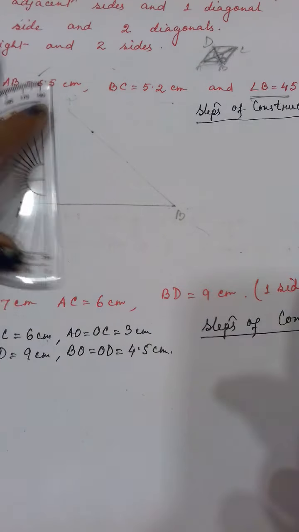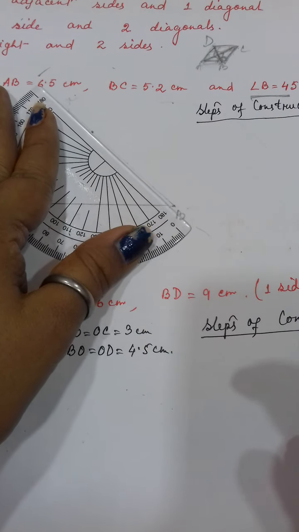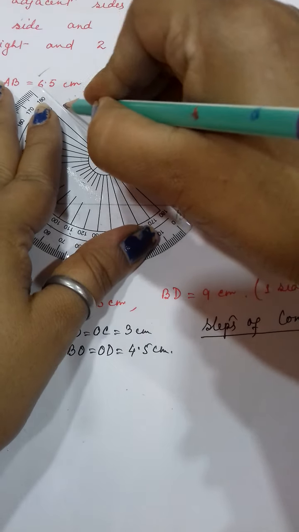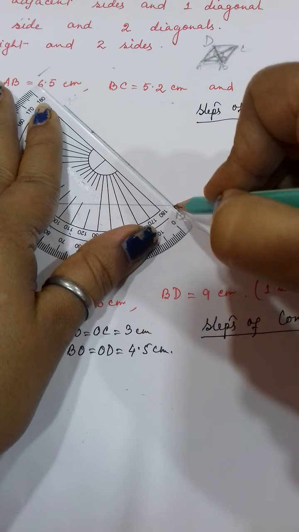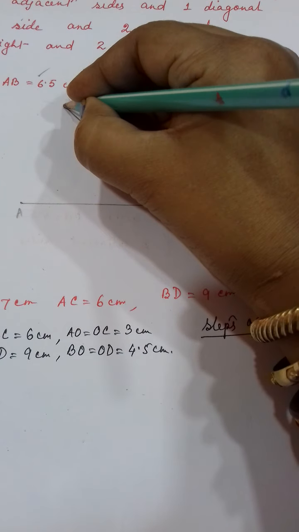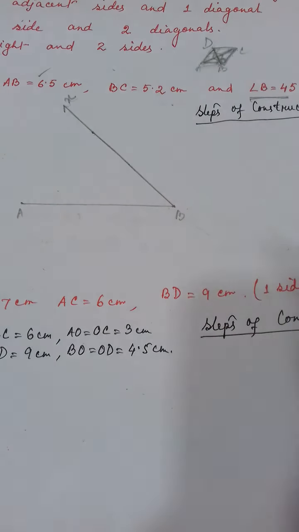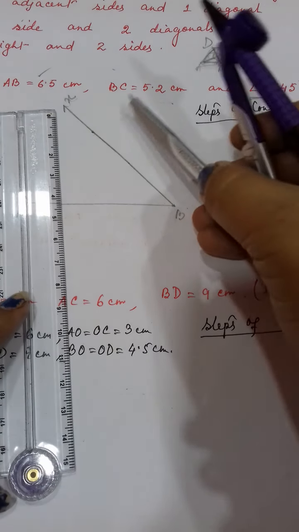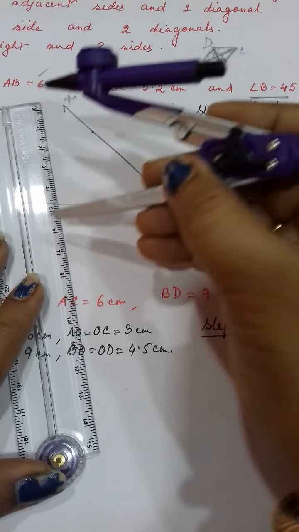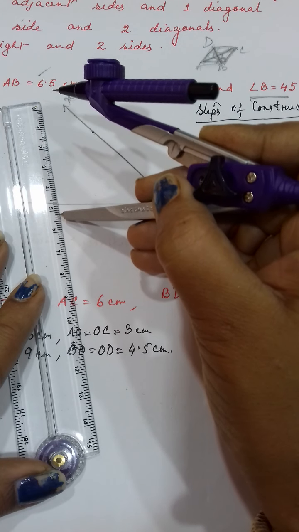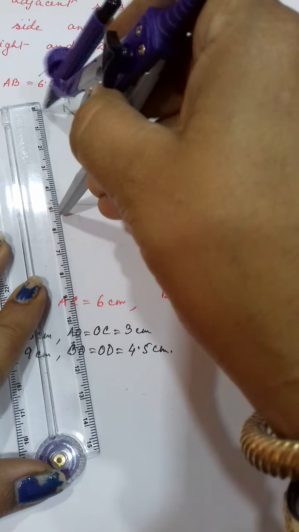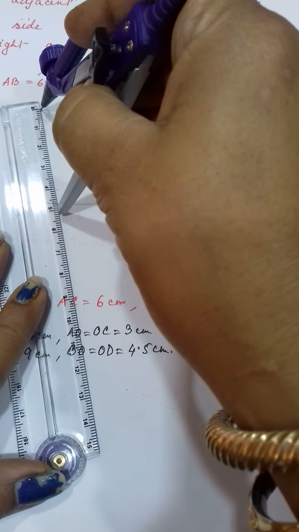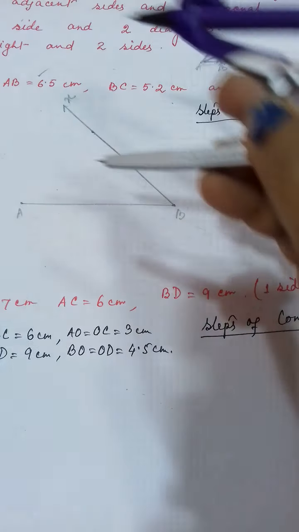Clear? Now you join the points. Clear? Mark it as X. Now you have to construct another side, BC, 5.2 centimeter. Take the exact measurement, 5.2 centimeter.